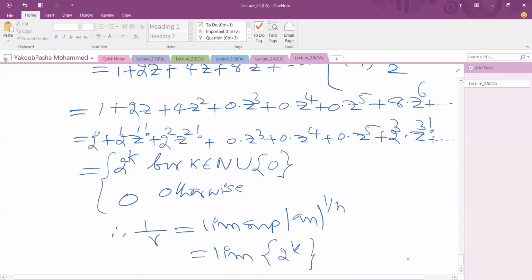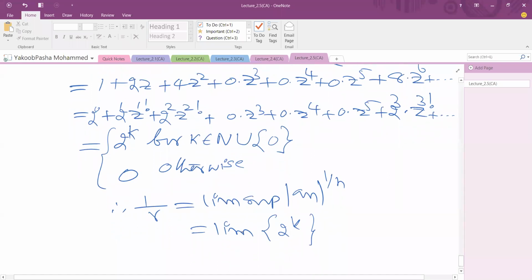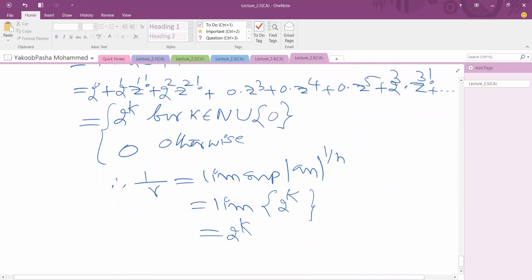So supremum value 2 power k, as it is free from limit, it will be 2 power k only. Okay, so it is constant. Here we have 2, one option is 2 square, 2 cube, 2 power 4 and so on. Actually this is equal to this. Here first we included k equal to 0 also. That is, this is equal to 2 power 0 also: 2 power 0, 2 power 1, 2 power 2, 2 power 3 etc., 2 power 4 etc.